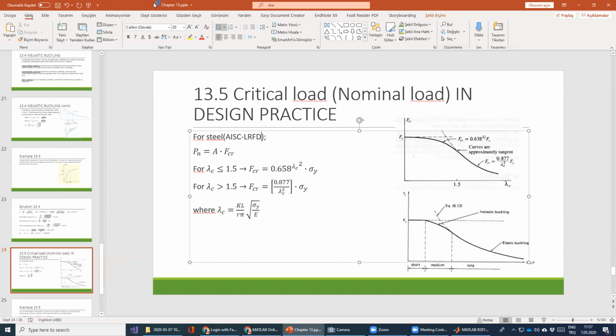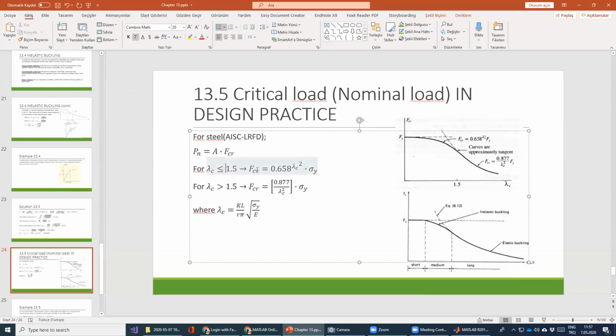Okay, the nominal axial force, critical force, is A times F critical, which is also sigma critical. The symbolization is a little bit different in the American standard, where F is used instead of sigma for stress.